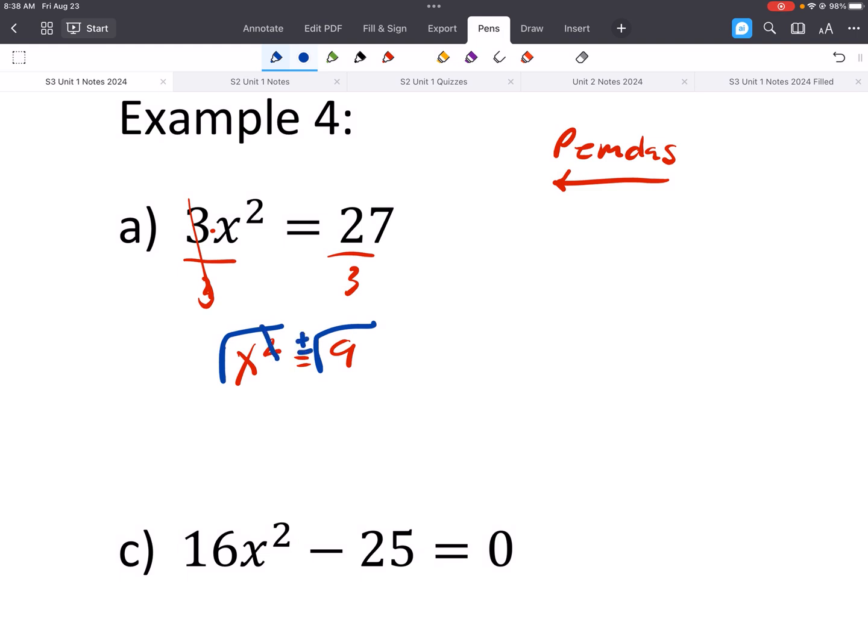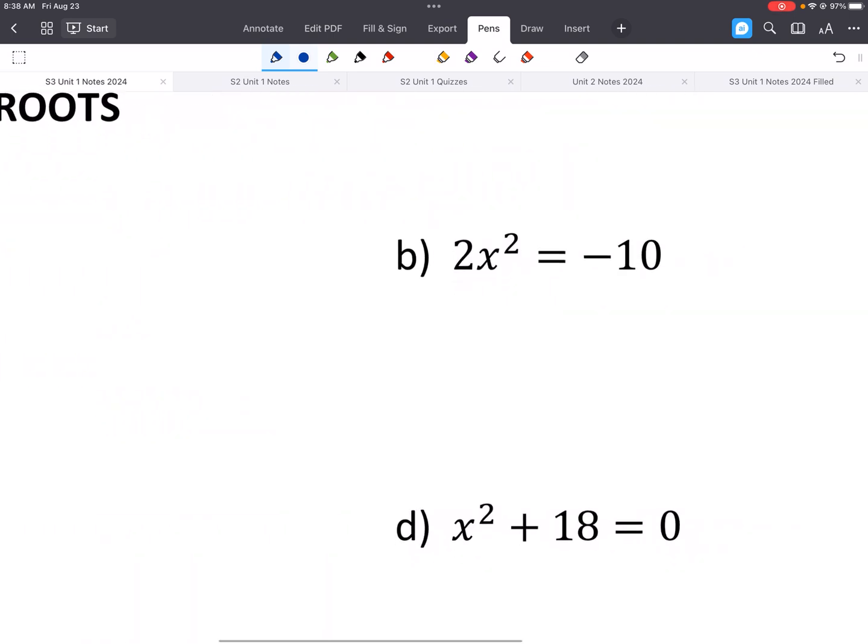And don't forget that when we square root both sides, we'll have a positive and a negative version of that square root, okay? Like if you look at it how it was originally, 3 or negative 3 would satisfy this equation. So here we'll get x equals plus or minus 3. All right, let's try another one.